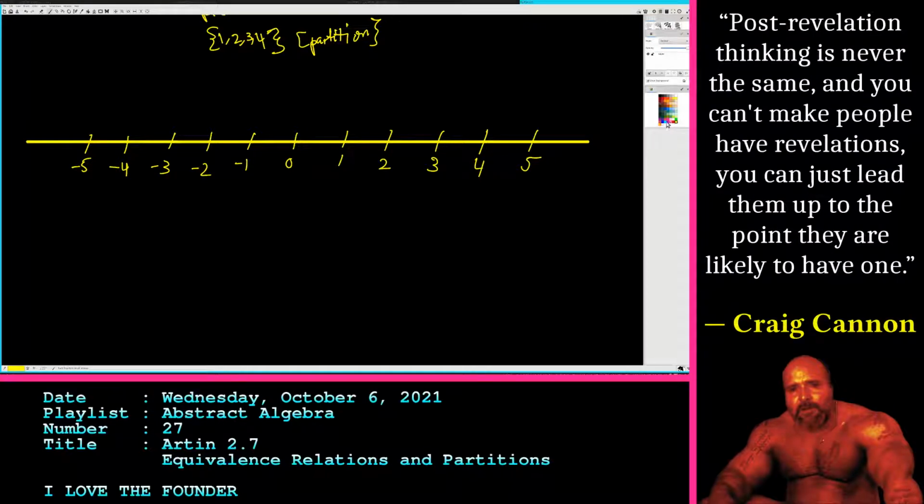Okay. So I am going to color these based on even or odd. Odd ones get pink. Just coloring. That's all we're doing is coloring. And then even ones get blue.